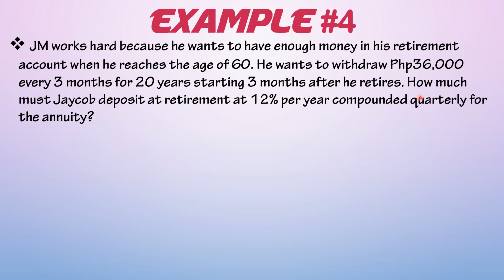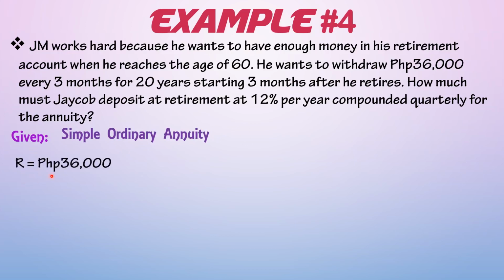Okay, so they are the same, and he will receive it starting 3 months after he retires. So you will have here an ordinary simple annuity, and the given are a periodic payment of 36,000 for 20 years. He will withdraw it for 20 years.